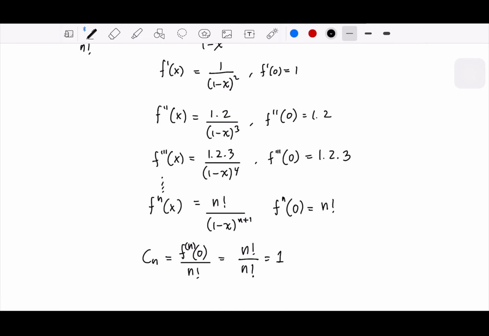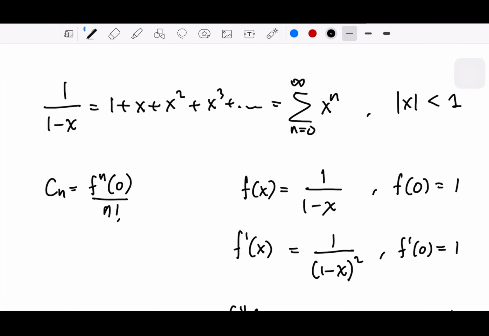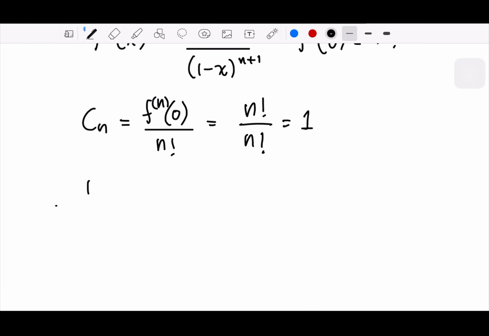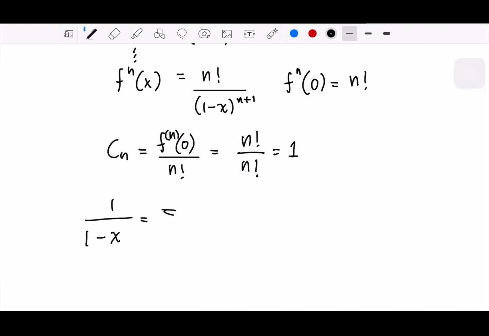And that is the 1 we have at the very beginning of the expansion. Then 1 over 1 minus x, we can define in terms of this coefficient multiplied by x to the power of n.